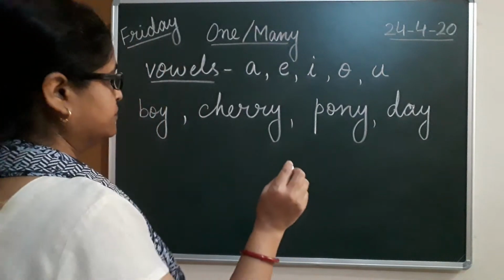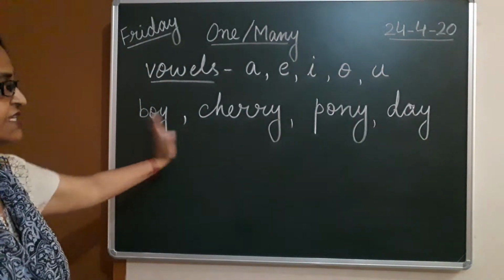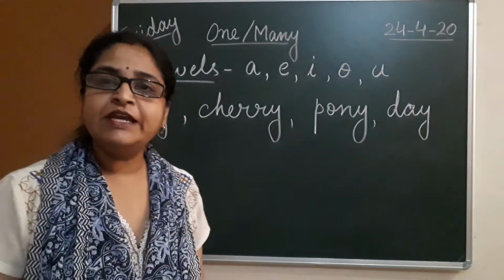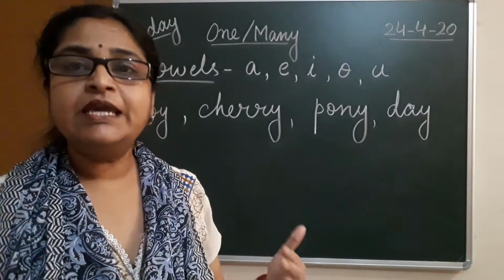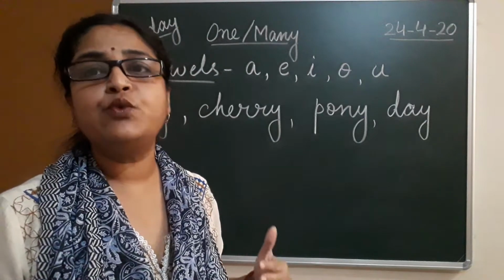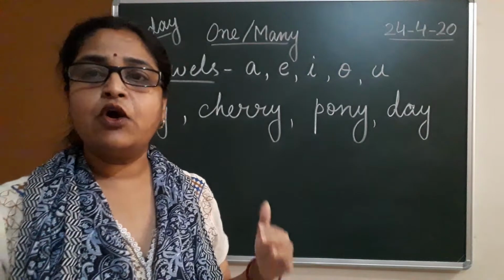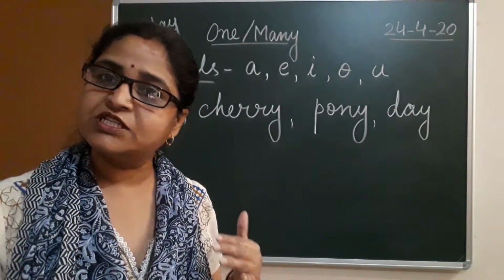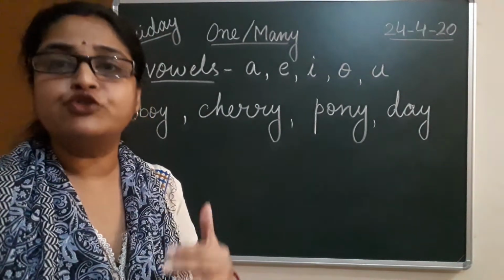Here you can see all these words end with Y. Now children, we always put IES to the words which end with Y. The Y ending words are always replaced with IES to make those words plural. Now how we are going to do that, I am going to tell you.